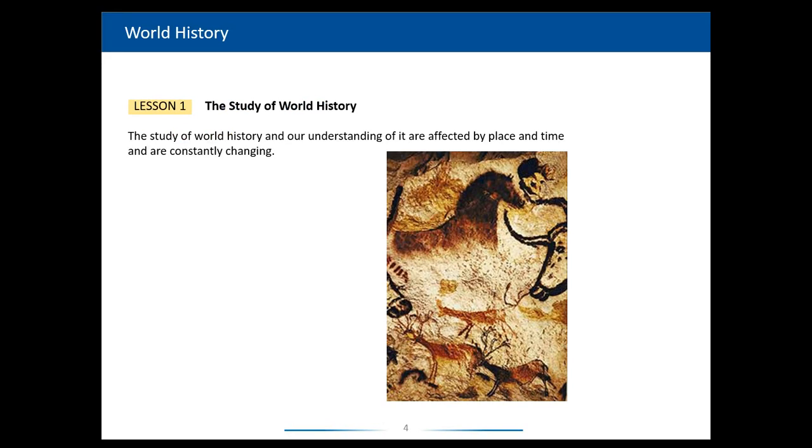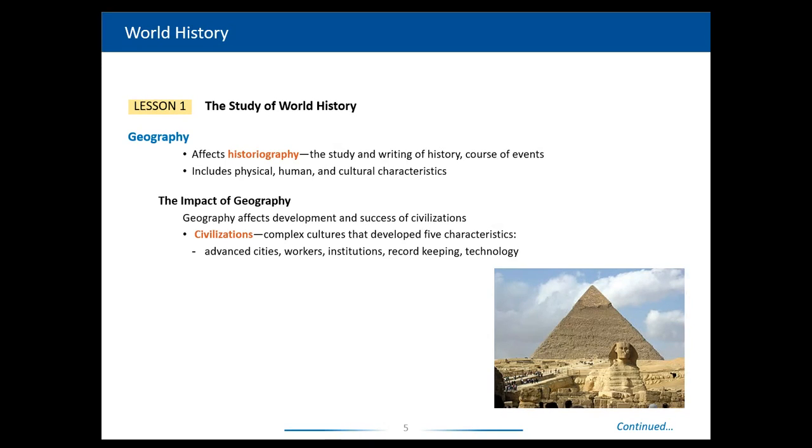The study of world history and our understanding of it are affected by place and time and are constantly changing. For example, it is affected by historiography, the study and writing of history, courses of events, and things that happen in history.